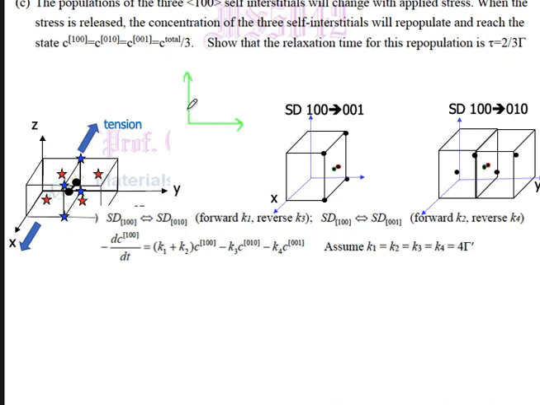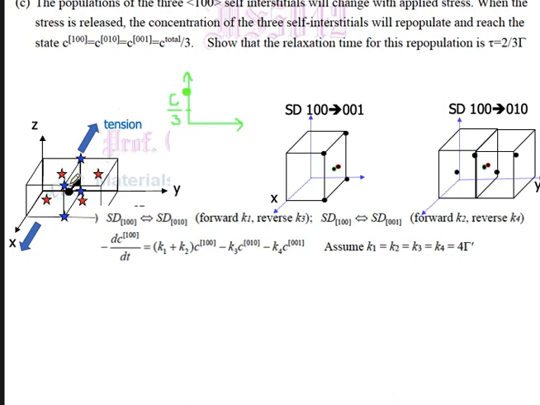So if this is C total over 3, when I apply a stress, the 100 split dumbbell concentration will be higher than C total over 3.